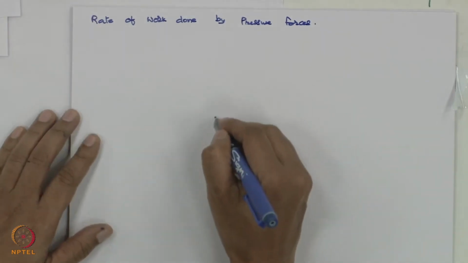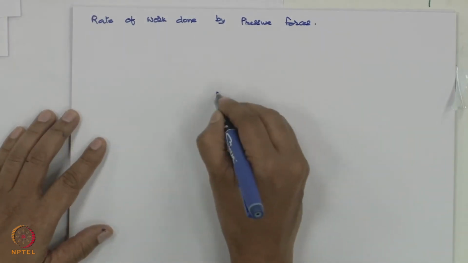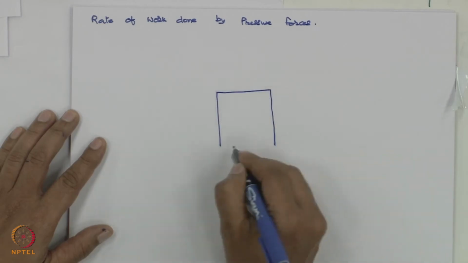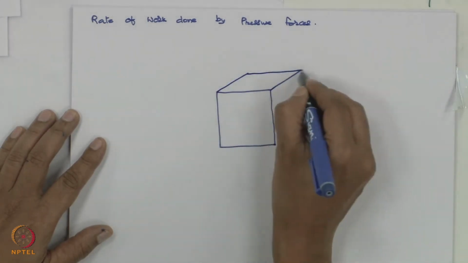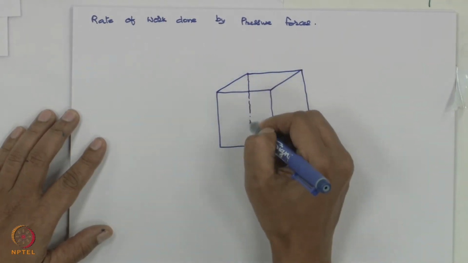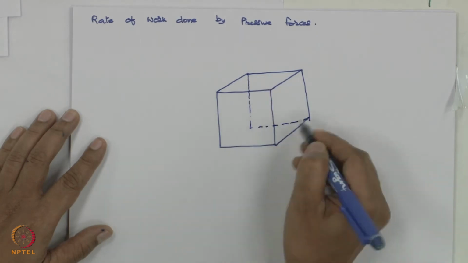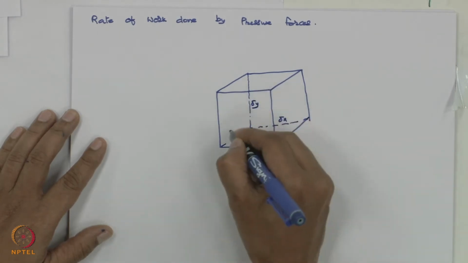So you have the parallelepiped again, delta x, delta y, delta z.